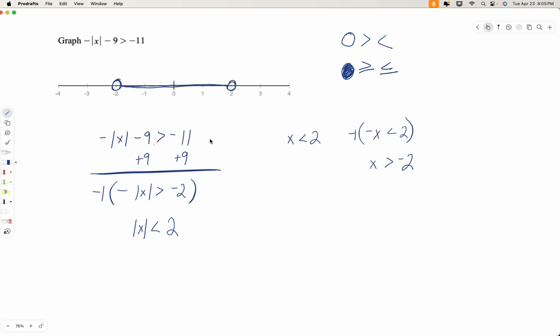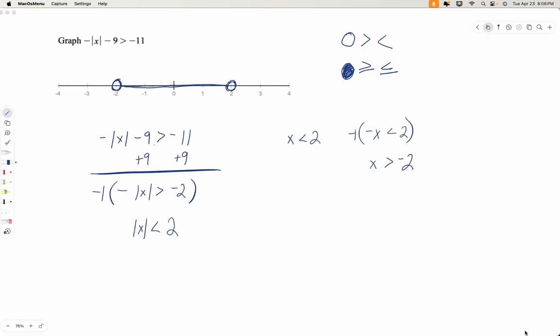I don't care if it's a horrible looking open circle, if it's a scraggly looking open circle, just make sure it's an open circle, right? If you can't make a circle, do parentheses. Just make it close to looking like an open circle. I know it's hard to draw on these things. Just do your best job. Do not give me a dot. Dot is wrong. It has a whole different meaning.